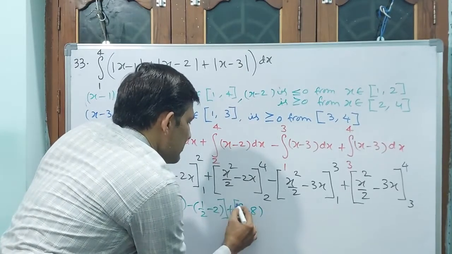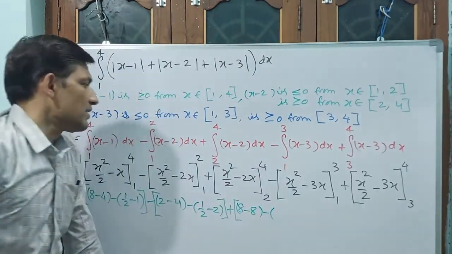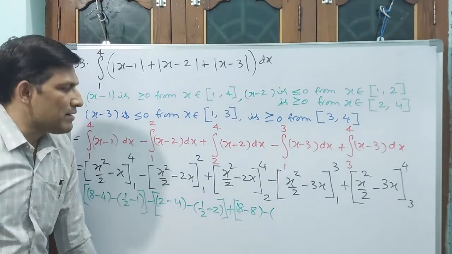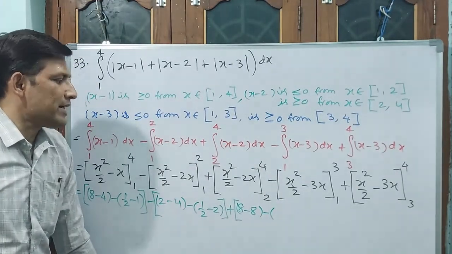Upper limit is 0. 4 square 16 by 2 is 8, minus 2 into 4 is 8. 8 minus 8 is 0.